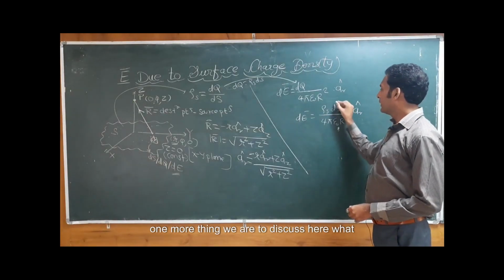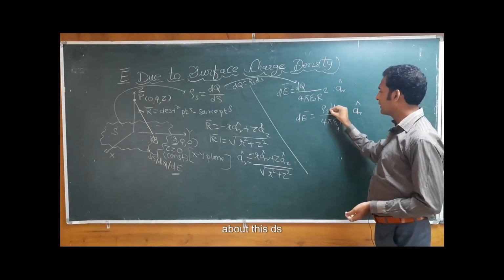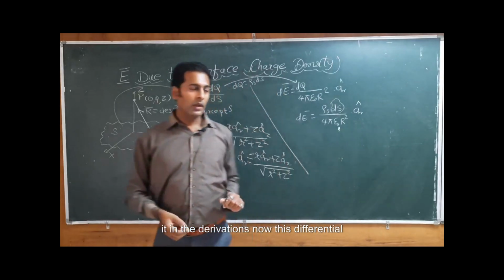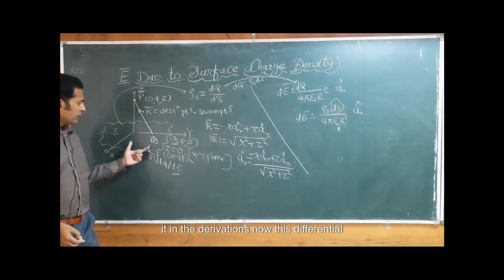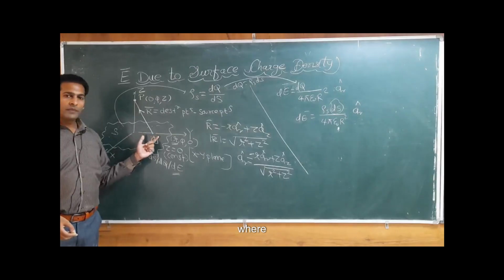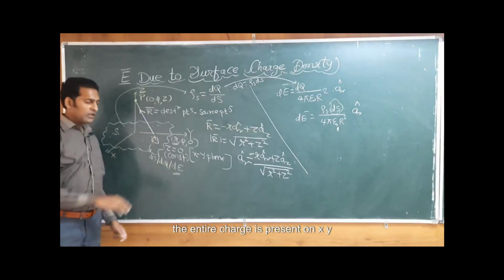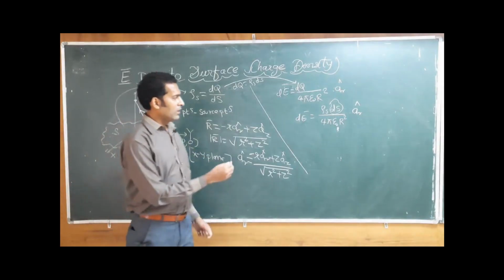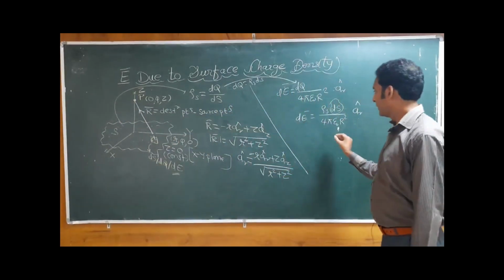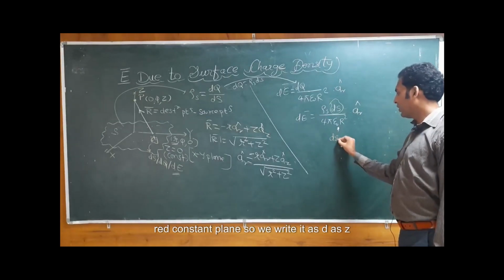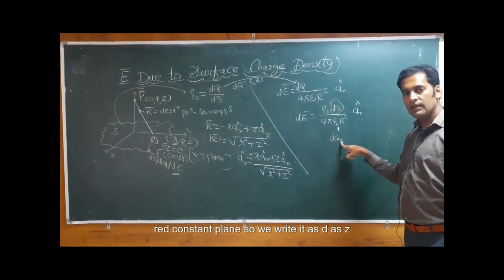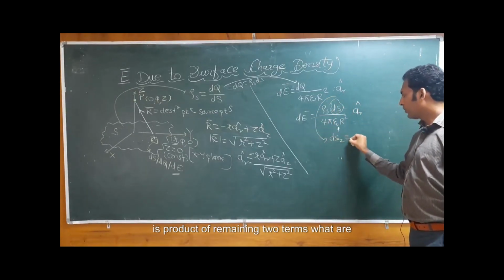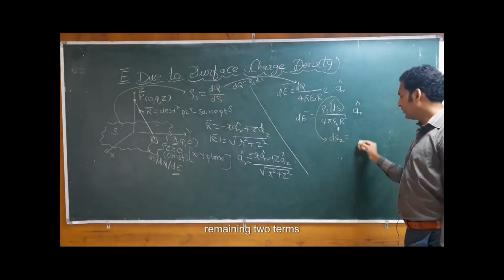Now one more thing we have to discuss here. What about this ds? We discussed the coordinate systems to use in the derivations. Now this differential surface, where the entire charge is present on the xy constant plane, is given by ds where z is constant, so we will write it as dsz. This dsz is the product of the remaining two terms.